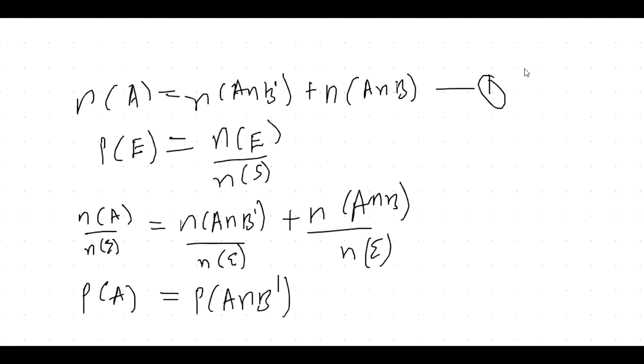Then we add number of A intersection B divided by number of the universal, which gives us probability of A intersection B. So this is going to be our second rule of probability.